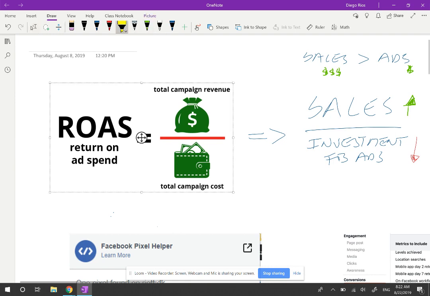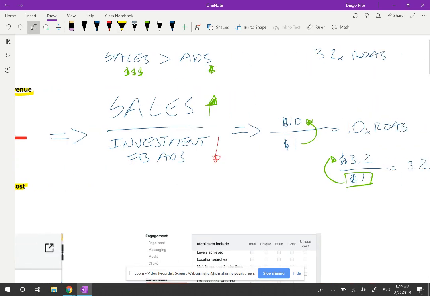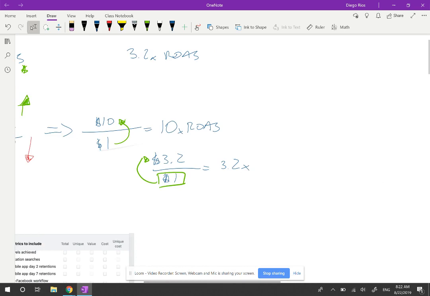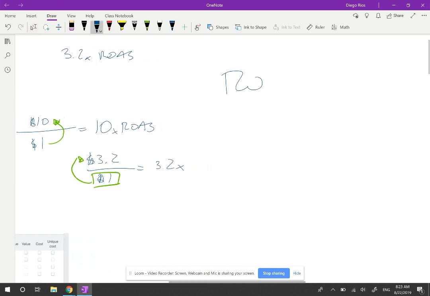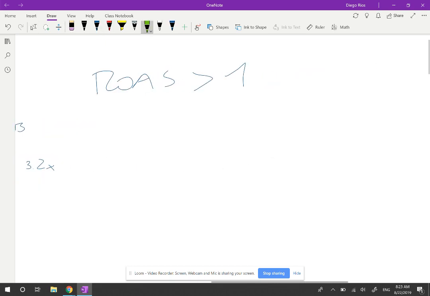And so when you're talking about return on ad spend, one is the formula, right? So I have total campaign revenue here, and at the bottom I have my campaign cost. I want to make sure that my return on ad spend is over 1. If it's over 1, that means that I'm making money with my campaigns, right? And I'm not including other costs here.